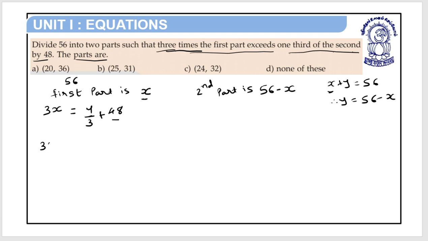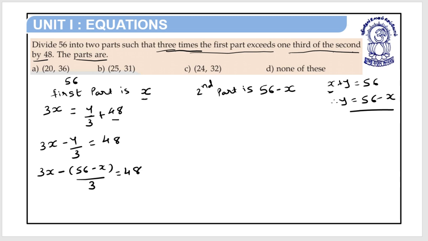So you can write 3x minus y by 3 is equal to 48. So put the value of y. Here y is equal to 56 minus x. So 3x minus (56 minus x) by 3 is equal to 48.